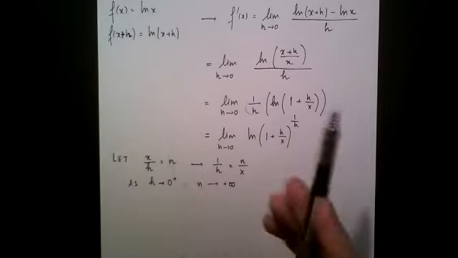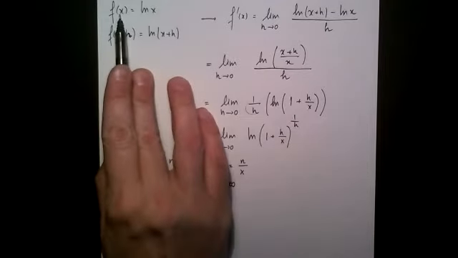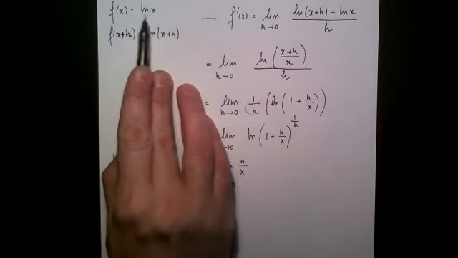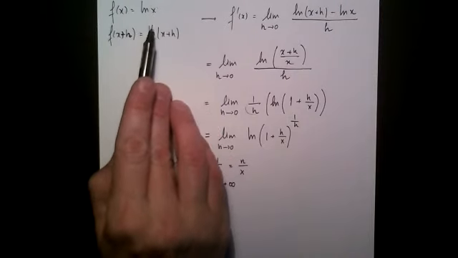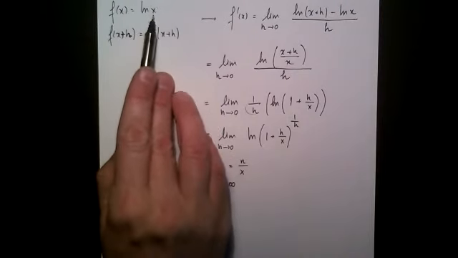The thing is that f of x is ln of x. And for ln of x, the x cannot be negative because ln of a negative doesn't exist.